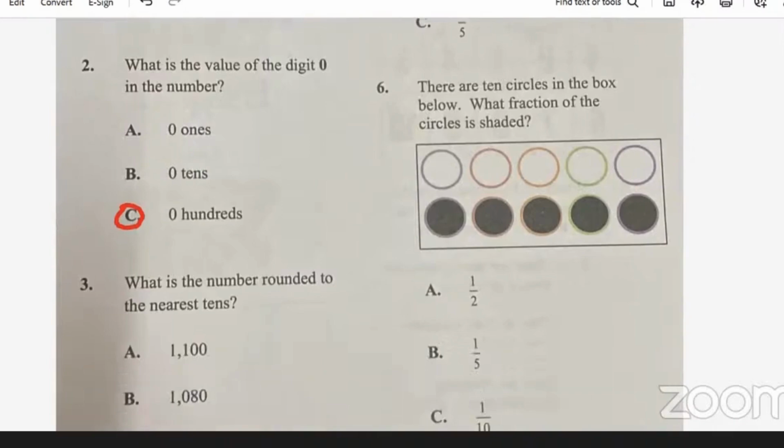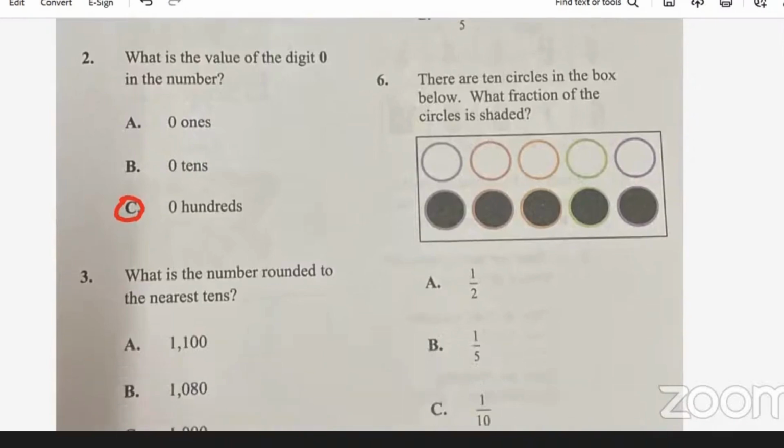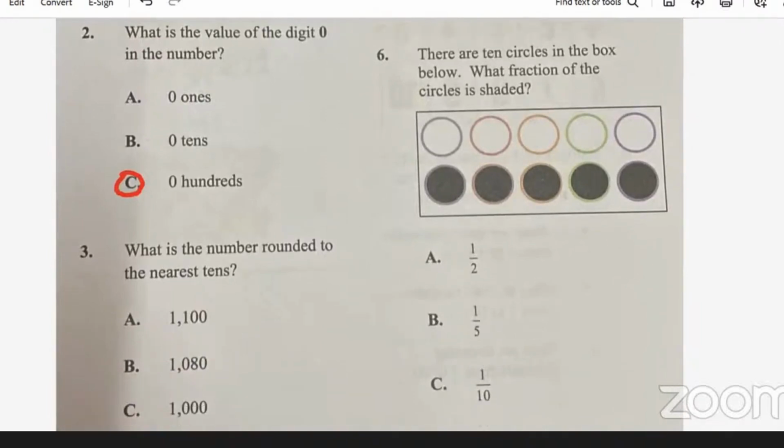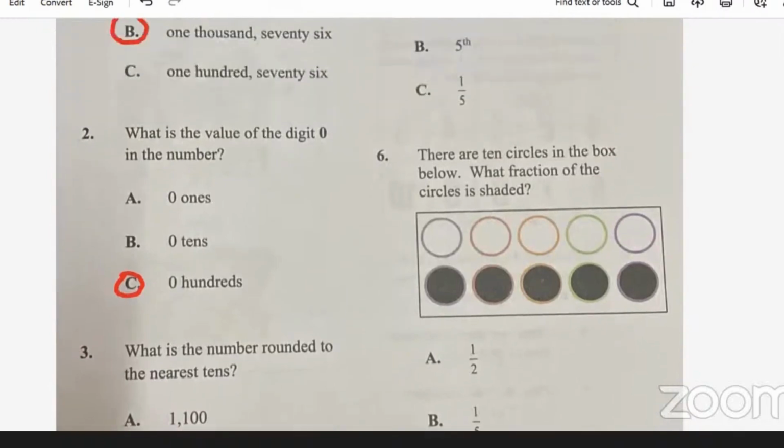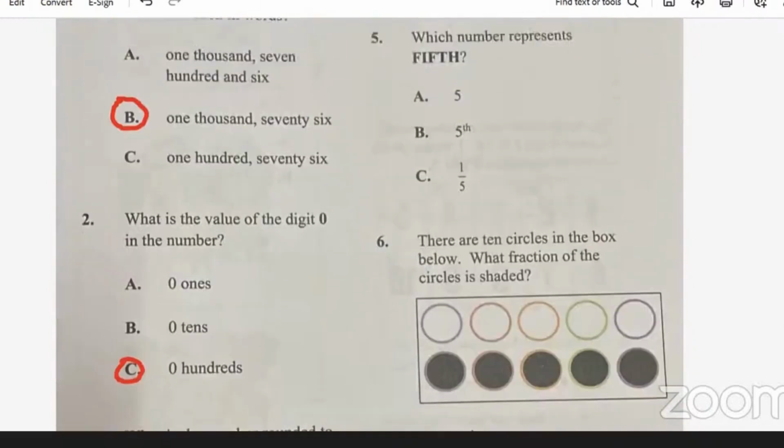Question 3, still related to that same number. What is the number rounded to the nearest tens? Look at the options: 1,100, 1,080, or 1,000. We're going to be paying attention to the digit in the tens place because that's where we're going to be rounding the number.